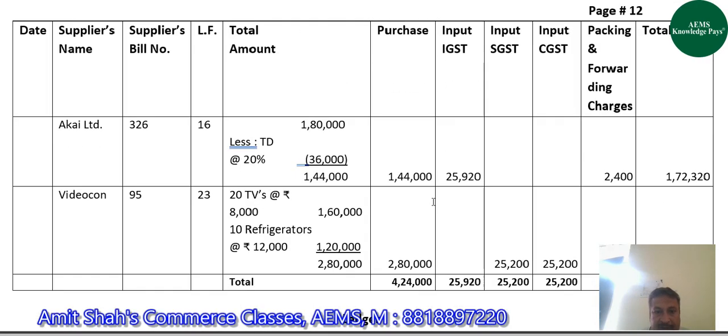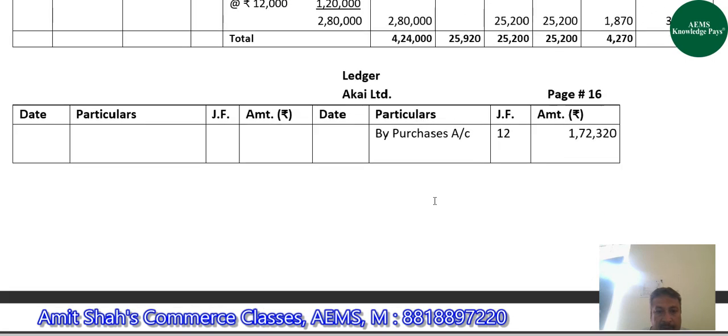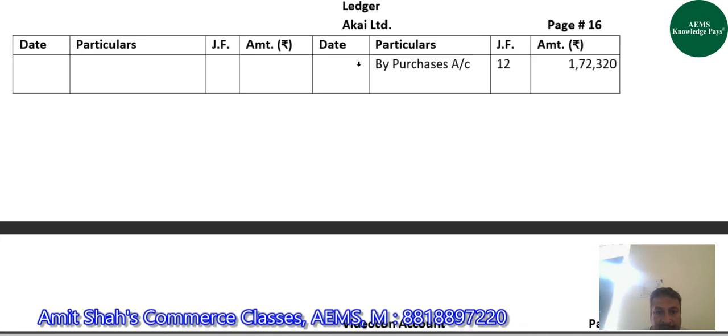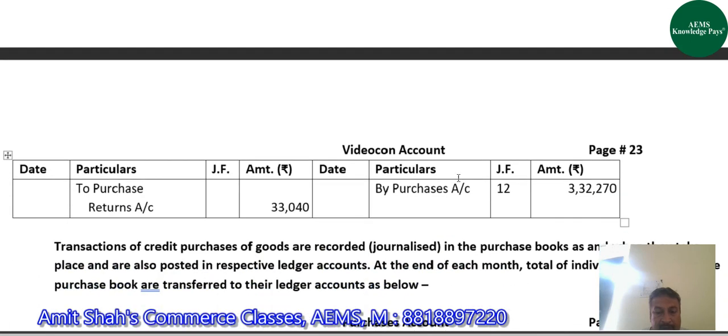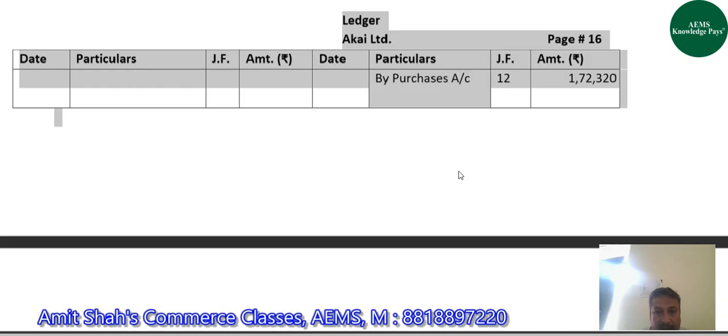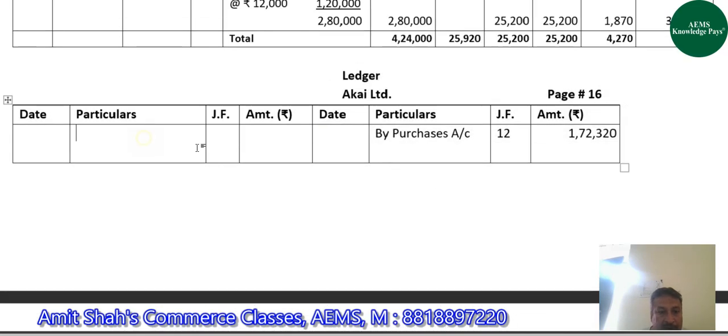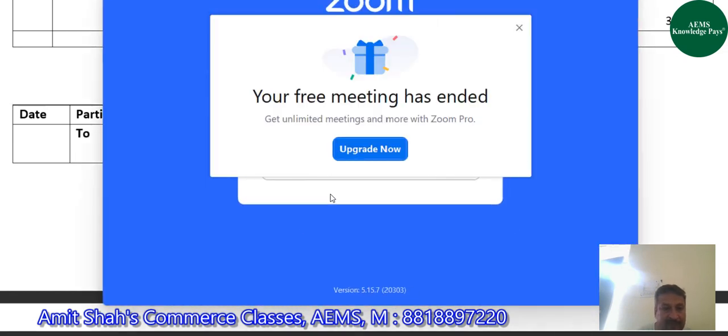So, guys, today we started from here, but you people have made this account. Akai Limited's account also would be debited for purchase return.